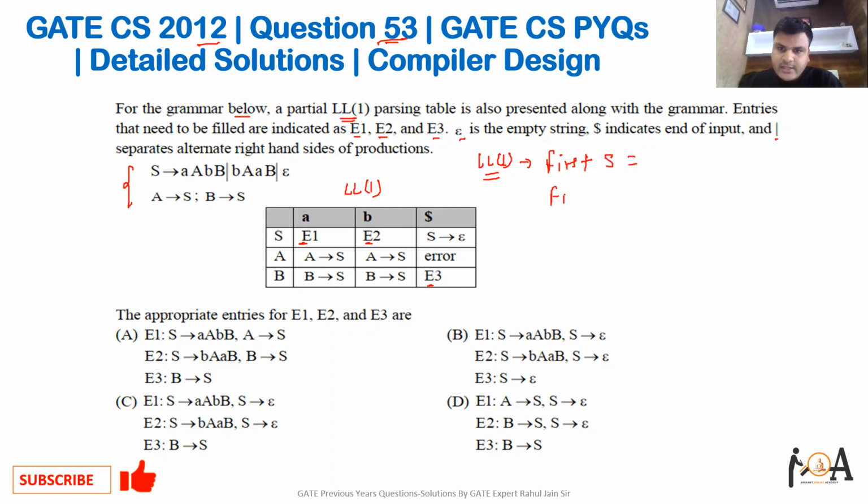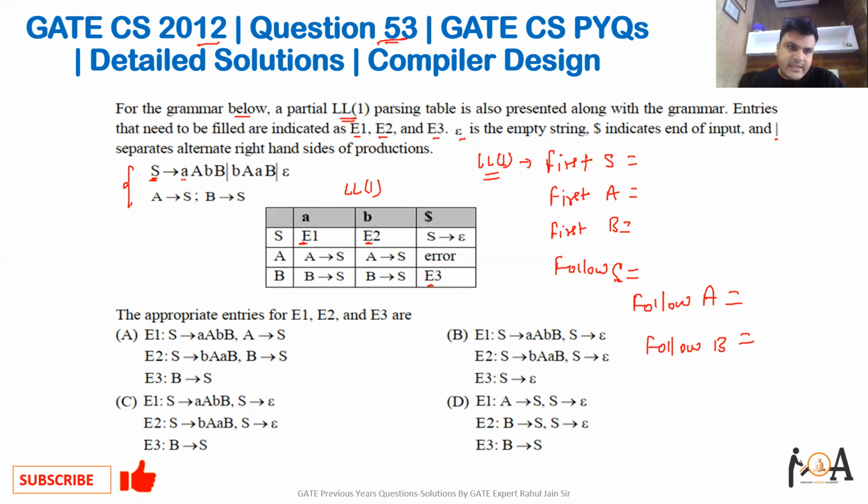I also need to calculate first of A and first of B, as well as follow of S, follow of A and follow of B, right? So what is first of S? If you observe here, first of S is A, B and epsilon.